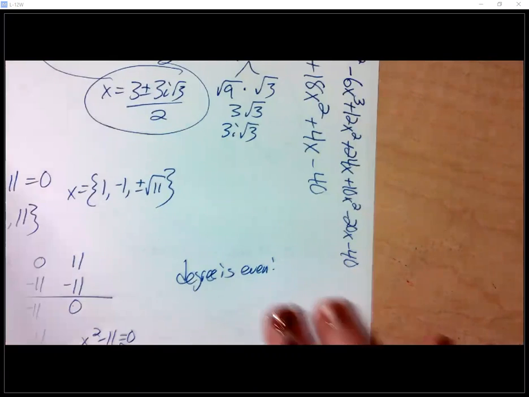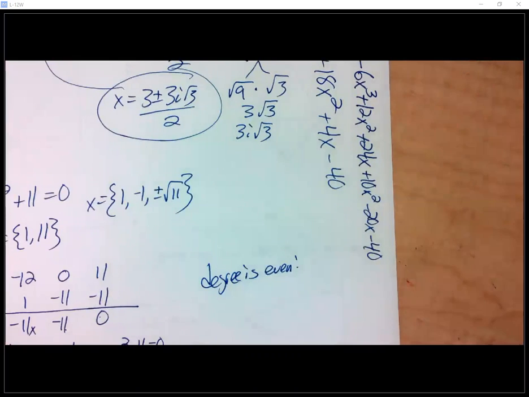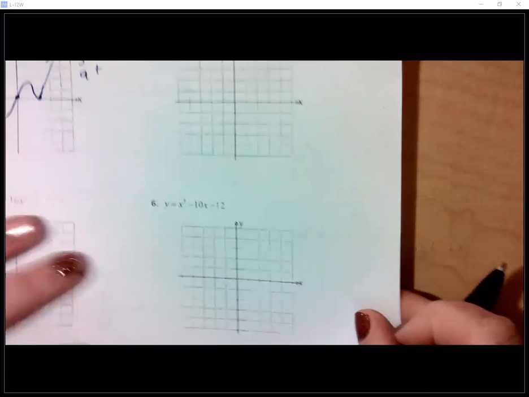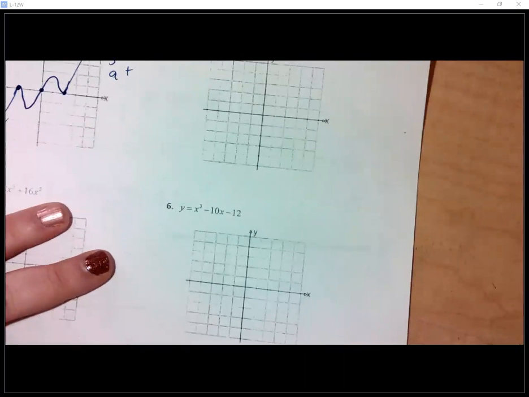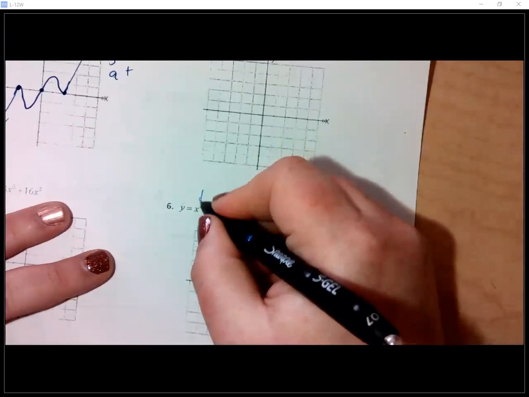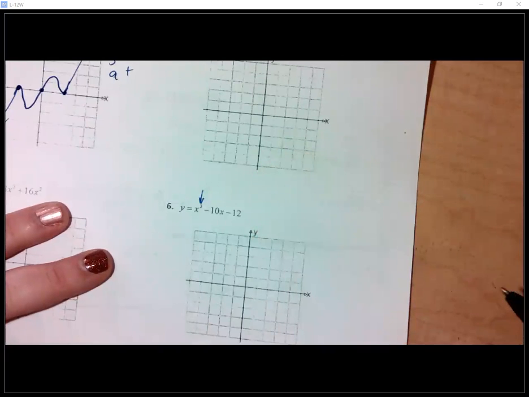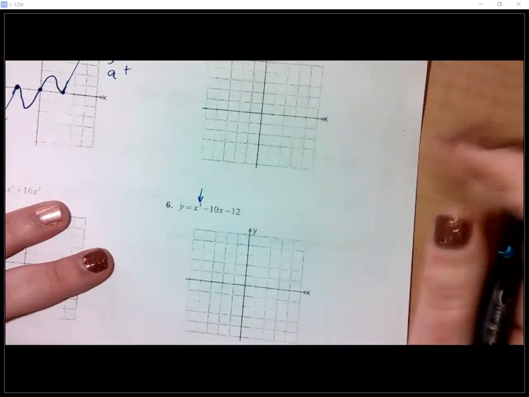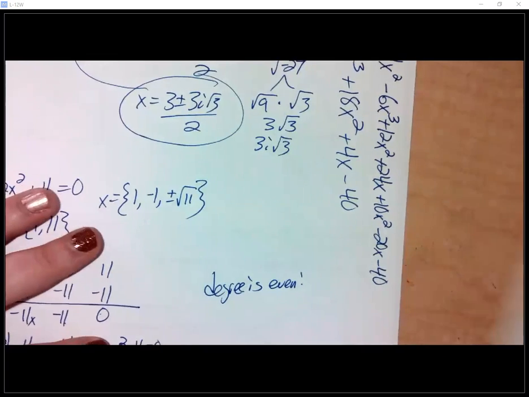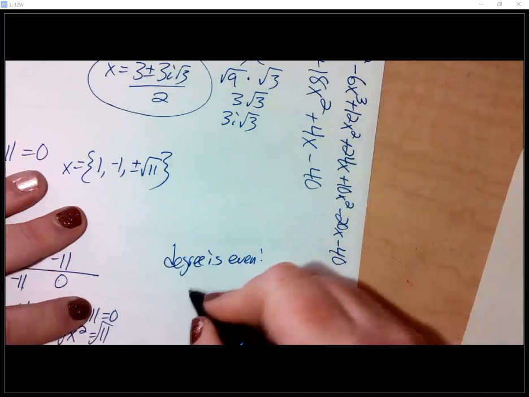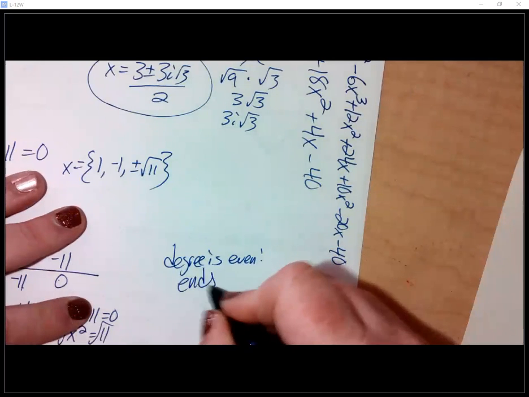Just your degree. So if I'm doing number 3, for example, or 6, your degree is just the 3. So that one has an odd degree. If the degree is even, that's when they go up or down together. So degree is even, ends go together.